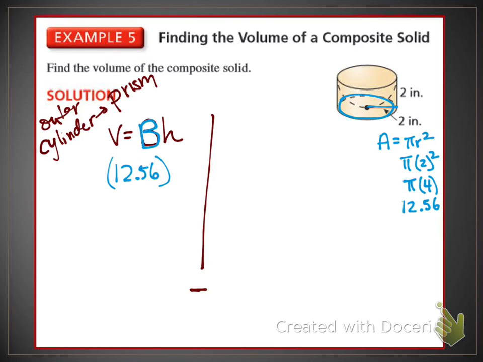Then times the height of the cylinder, and the height of the cylinder is 2. Good. So 25.12 is the volume of the first.